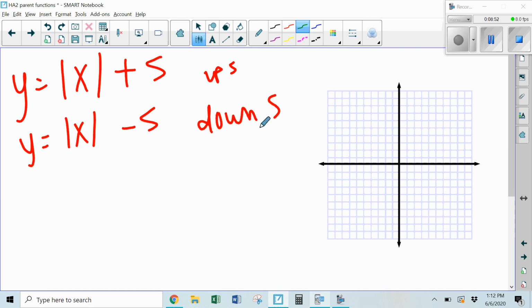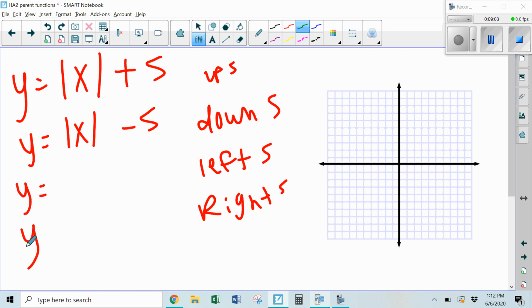Now, why don't you write how you think it's going to move left or right? Instead of putting it on the outside, it's going to go in with the absolute value. Left, normally we would think minus, but it's actually going to be plus 5.